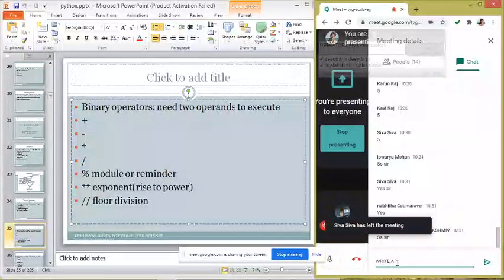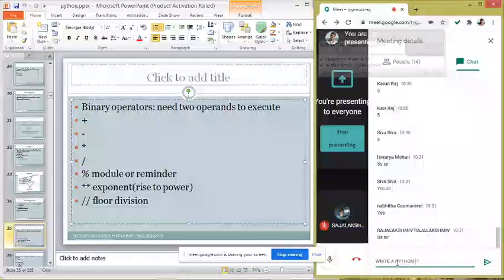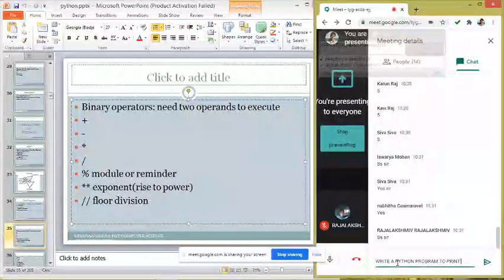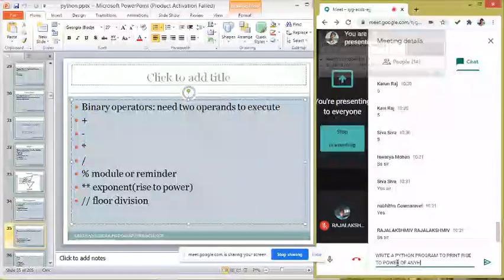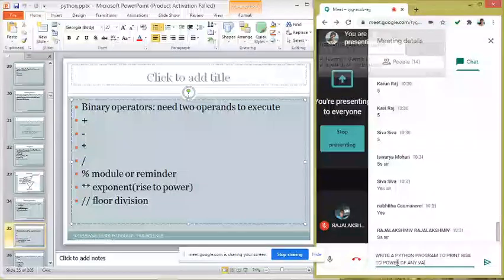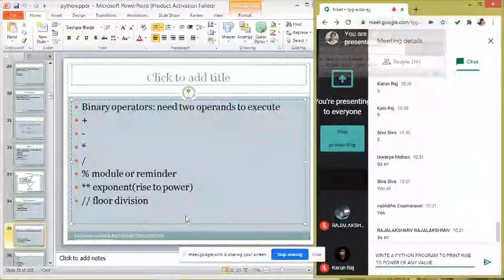Write a Python program to print raise to power of any value. Okay, you do it later, not now.